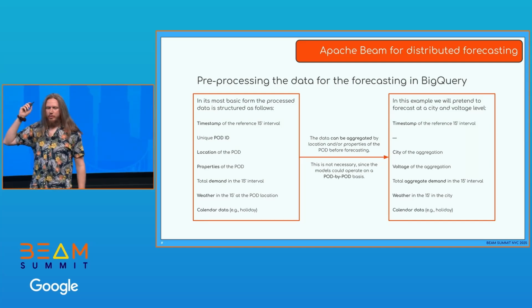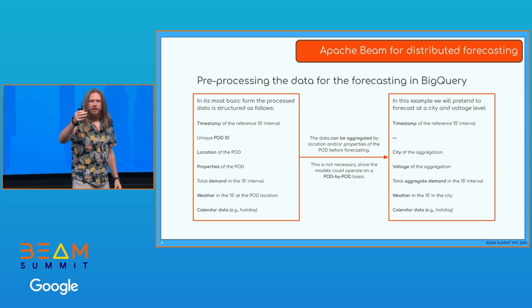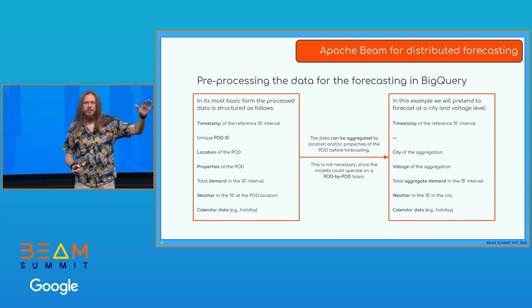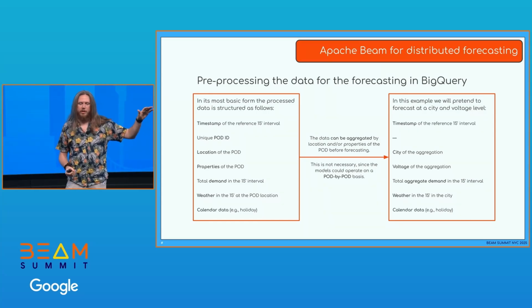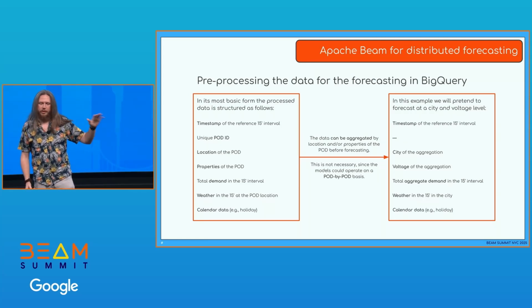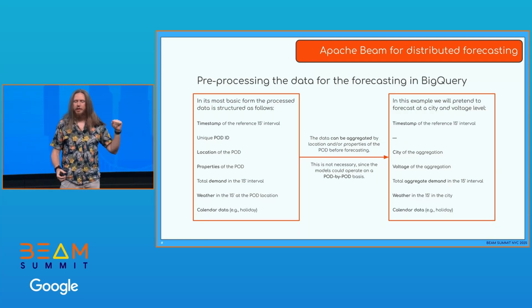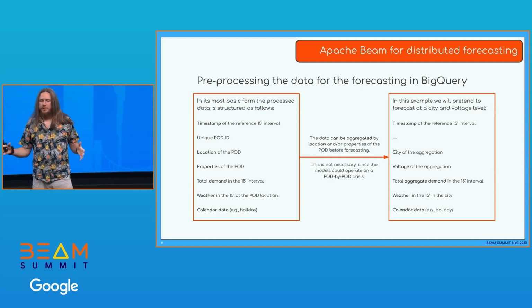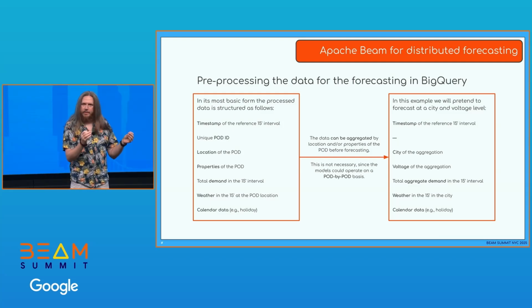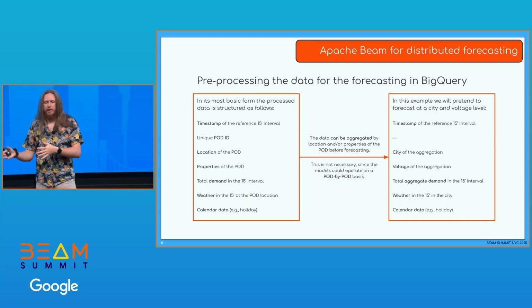And we reach a point in which we have a nicely organized data set with all the timestamps, point of delivery IDs (these are the single curves), all the locations, the properties, the total demand, the weather, and the calendar data. When doing a forecast, we can work with this data at the fine level, pod by pod, or aggregate it.